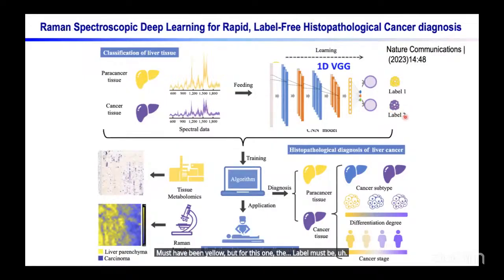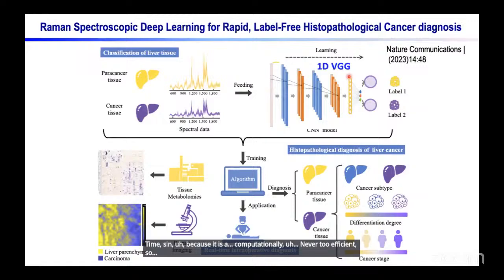So this is the case, and they utilized a 1D VGG. VGG is a very popular CNN, but it is an earlier CNN because it is computationally not too efficient.